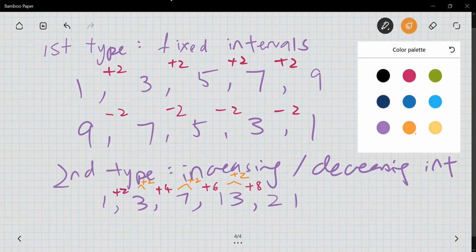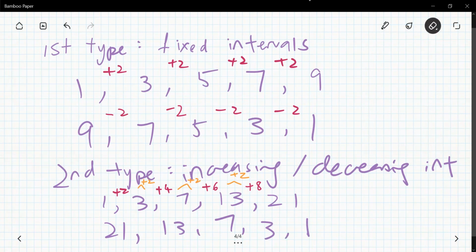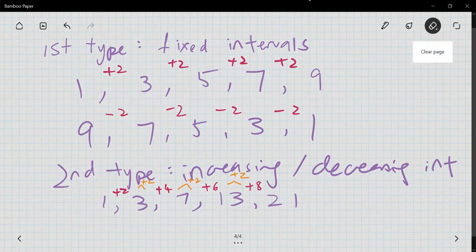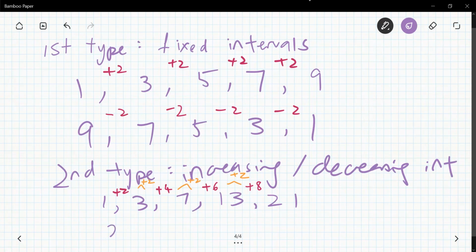Or you can do it the other way around. Like I said, 21, 13, 7, 3, 1. Oh wait, this doesn't make sense. It will have to be this way. Or you can have the other type, which is 21, become 19, become 15, become 9, and so on and so forth.